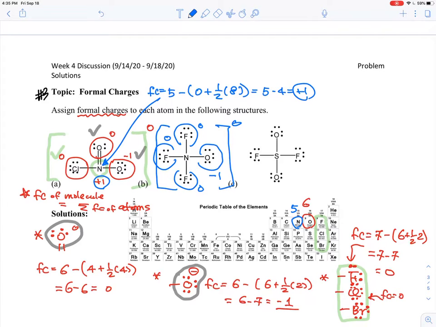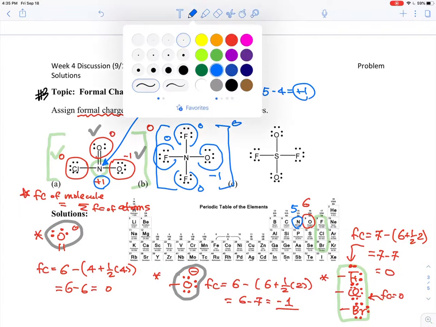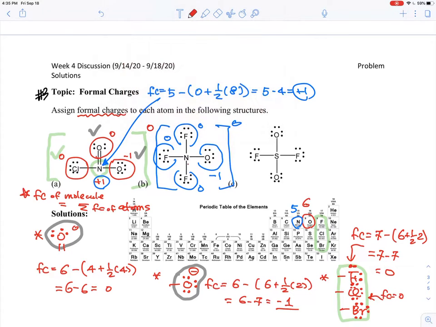So therefore, the one inside must be +1, so that the formal charges of all the atoms in here sum to the formal charge of the molecule, which is 0 here. And once again, this is the same equation as here: 5 minus no lone pairs, 4 bonds, so a formal charge of +1, and the answer is shown up there.